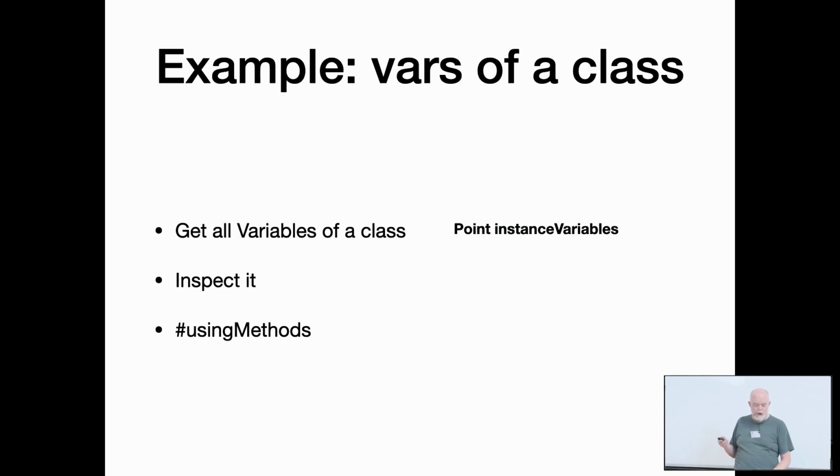For example, usingMethods. If you get a variable object, regardless of which variable object, you can ask usingMethods, and this will return all methods that use this variable in some way. So you can say, for example, Point, you get the variable for Point x, and then you say usingMethods, and it will give you all methods that access Point x.